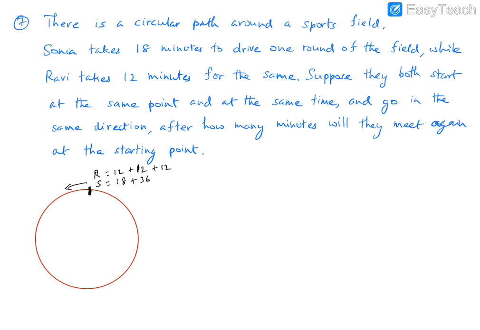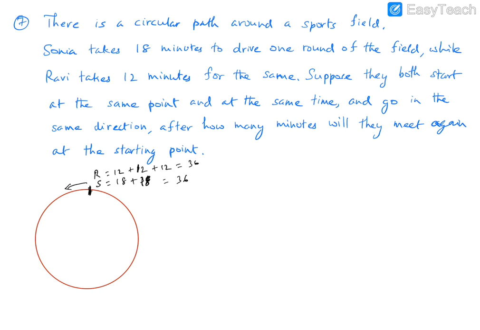So 18 plus 18 for the second round. By the time Ravi completes 3 rounds, Sonia has completed only 2 rounds. We see that 12 plus 12 plus 12 is 36, and 18 plus 18 is also 36. So after 36 minutes, they will both meet at the starting point. However, Ravi would have completed 3 rounds at that point, and Sonia would have completed only 2 rounds.